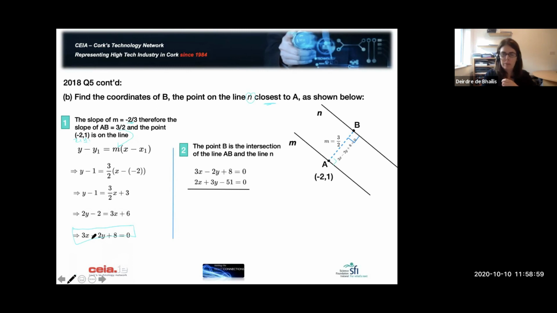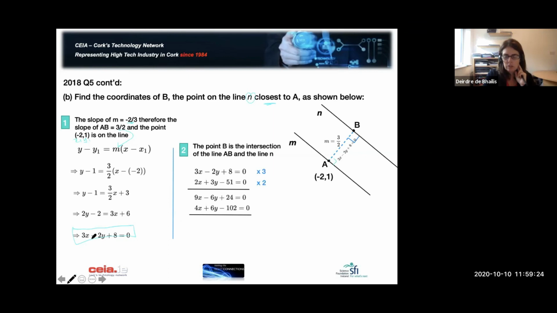So if you remember from simultaneous equations, we need to try and eliminate one of the terms here so we can solve the equation. And what I'm going to do here is I'm going to multiply the top line by 3, which will give me a minus 6y in the middle, and the bottom line by 2, which will give me a plus 6y in the middle there.